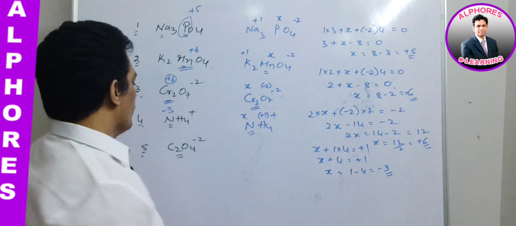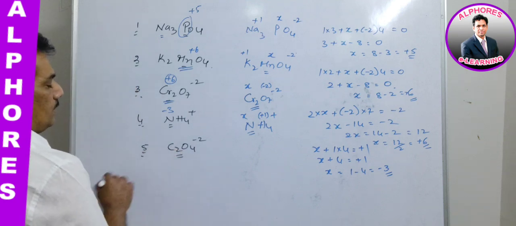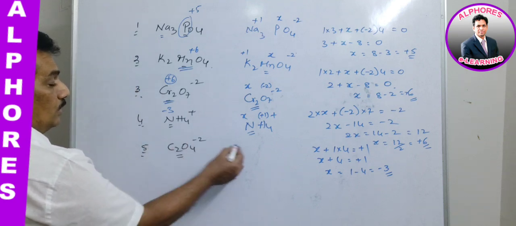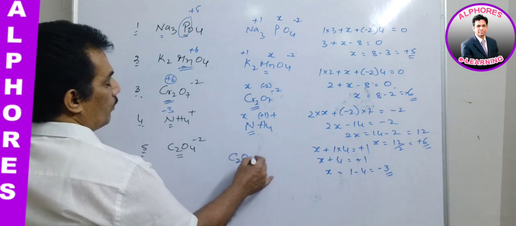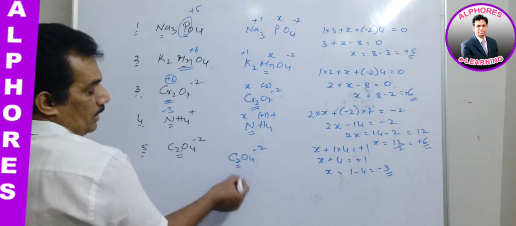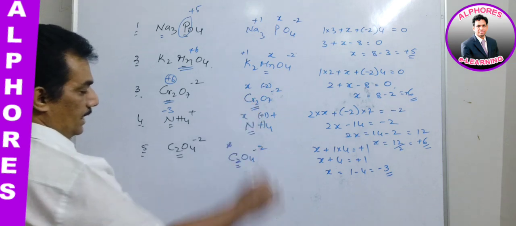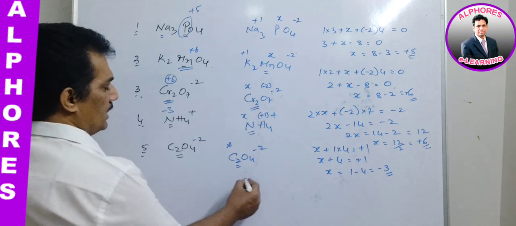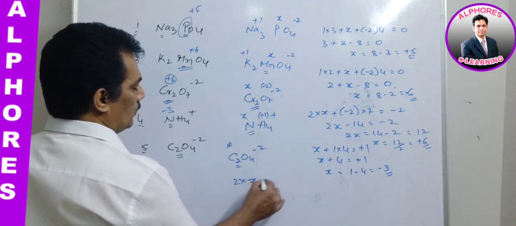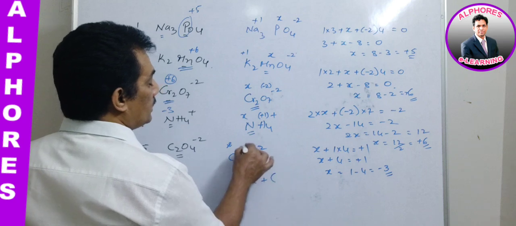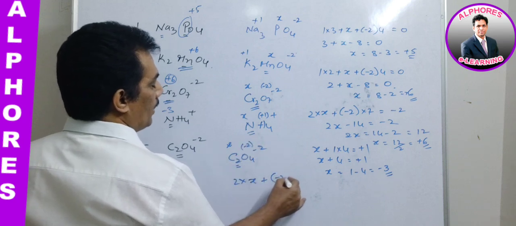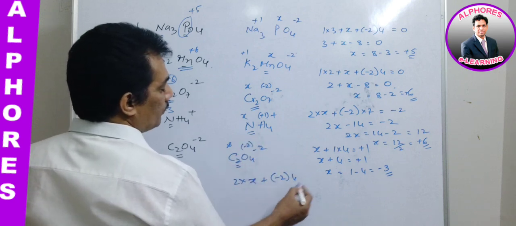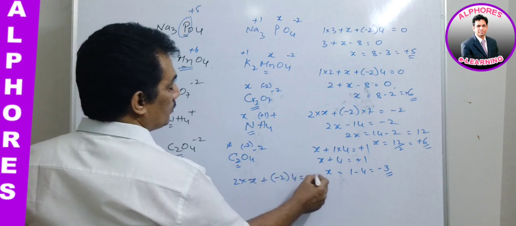Coming to C2O4 2-, we don't know about carbon, and hence let us take X. Again the same rule: X into 2 plus oxygen is minus 2, so minus 2 into how many oxygens? 4, is equal to the charge, which is minus 2.